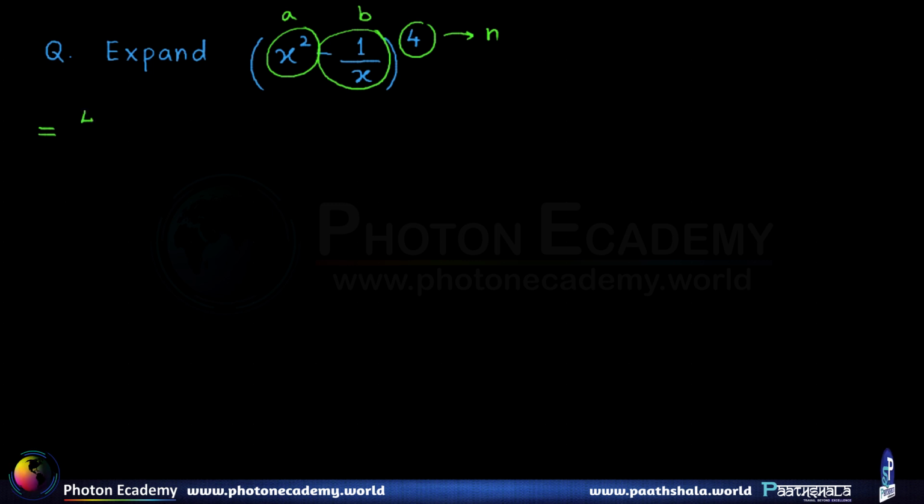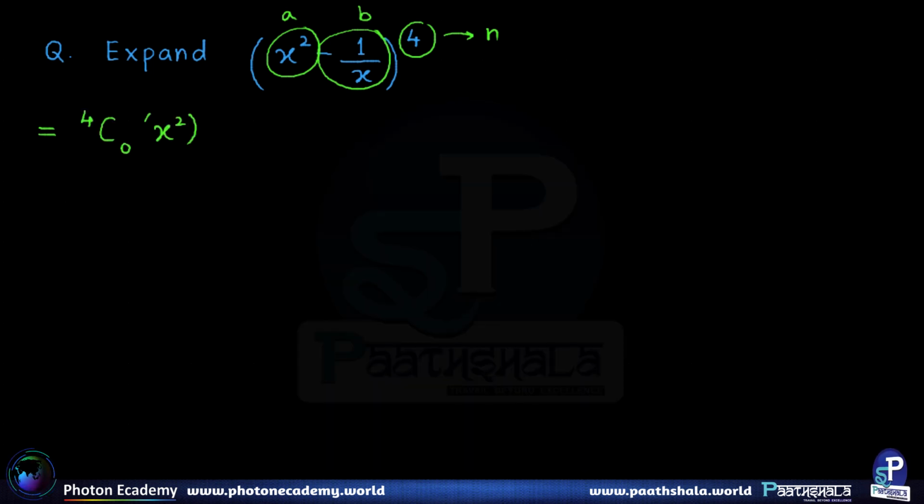So firstly we have 4C0, first term is x square raised to 4, then we have 4C1 (x square) the whole cube into minus 1 upon x starts appearing, which is raised to 1 anyways.